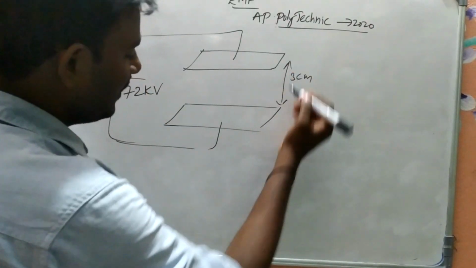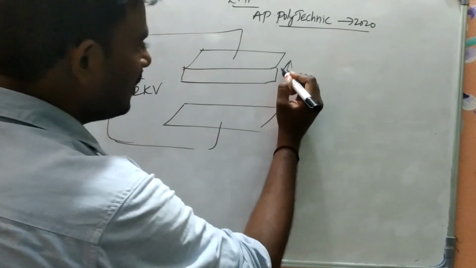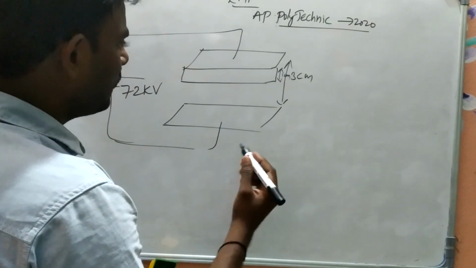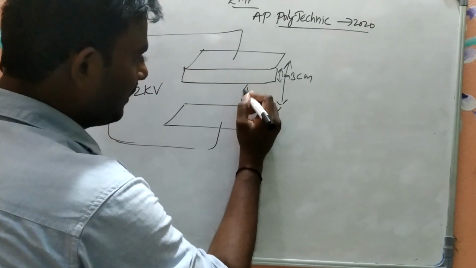Now, in between these 2 plates, a mica material is introduced. The thickness of this mica material is 1 centimeter. Now, what we need to find is the electric field intensity in the air medium.